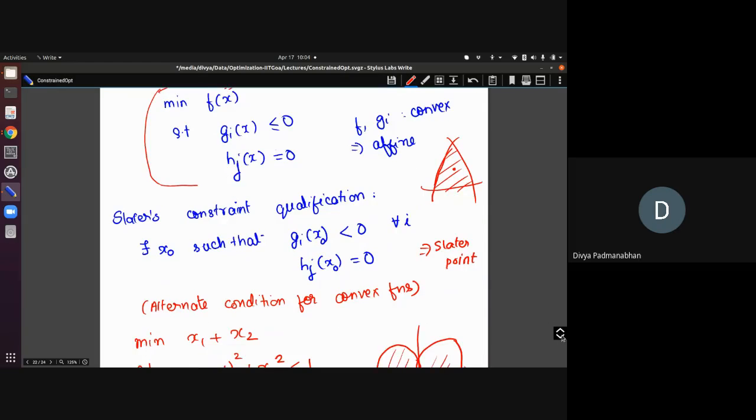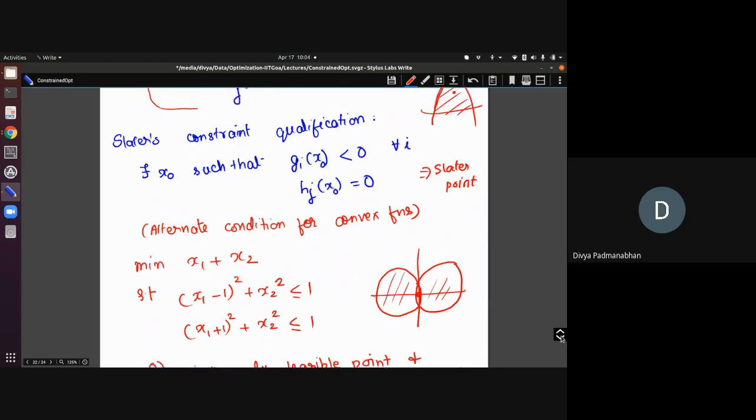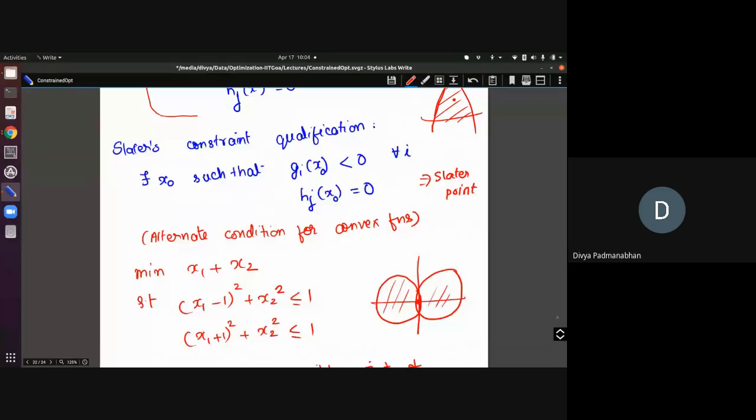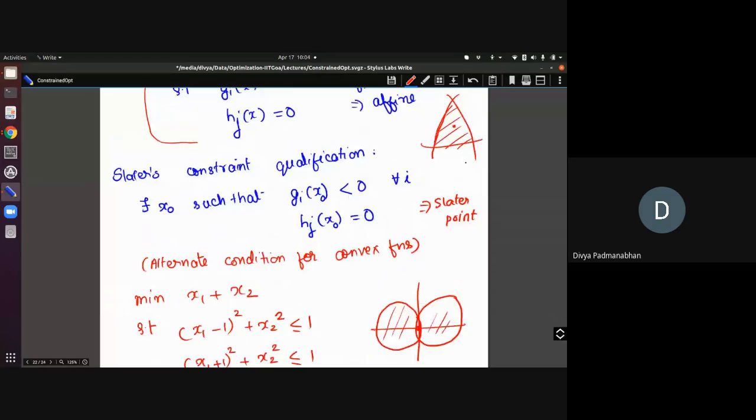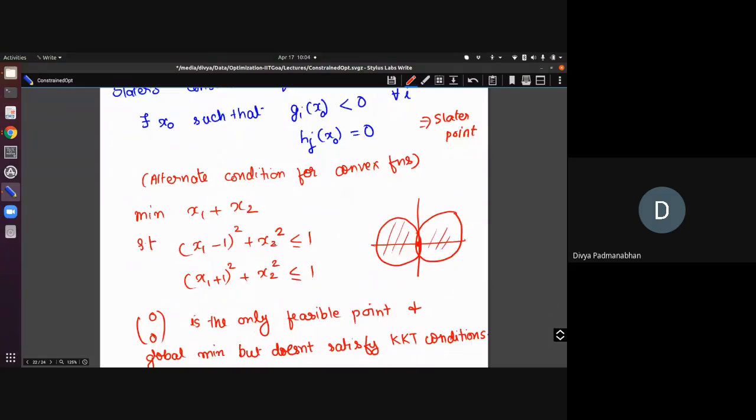When Slater's condition doesn't hold, if you cannot find an interior point, then again the optimum need not satisfy a Kkt point. At the optimum, you may not have a Kkt point, and such an example is this problem here, where there are these 2 regions, and at the intersection there's just a single point.